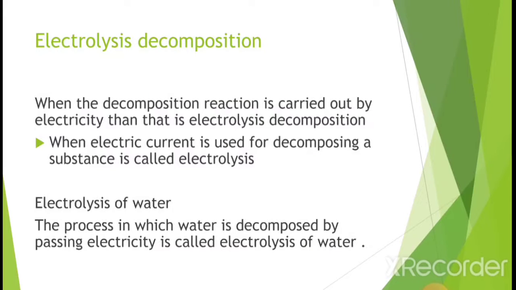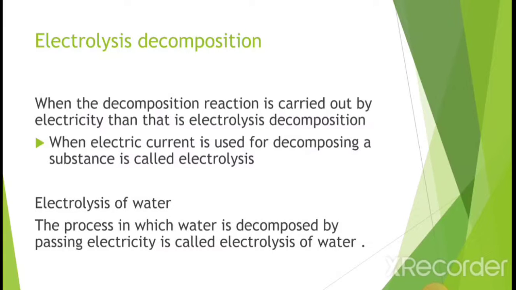So here the main process, or activity or diagram we can say, is the electrolysis of water. It is very, very important. The diagram is very, very important. It has been asked in most of the final exams of SLC. So next, the electrolysis of water.